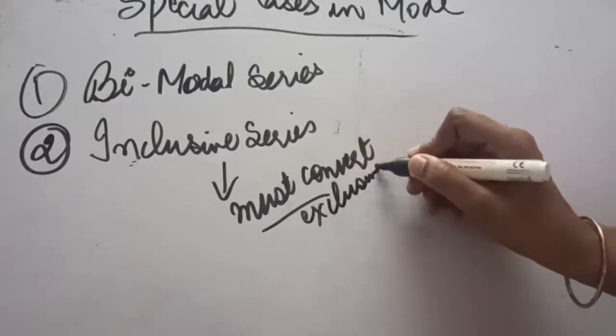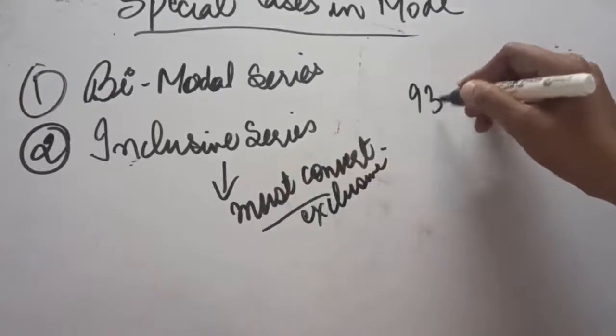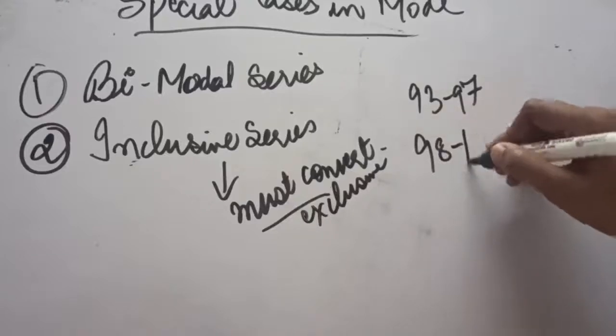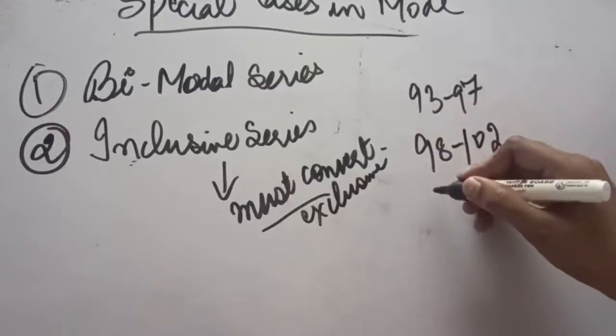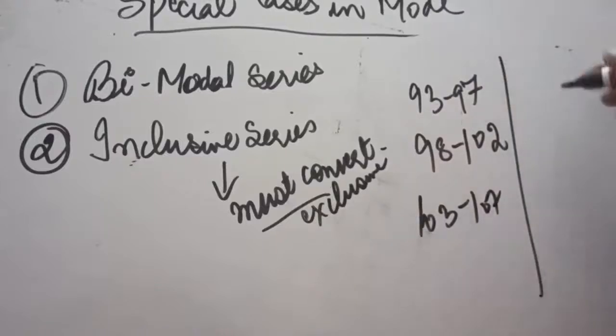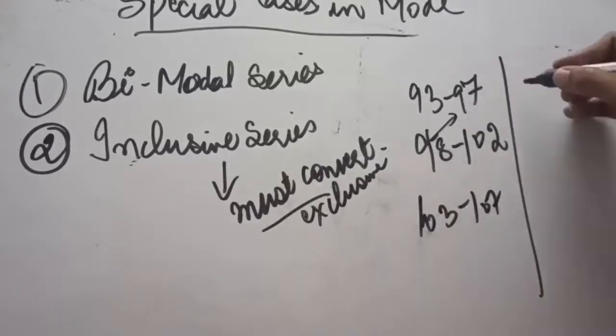So it is compulsory that if the series has been given in inclusive form, it has to be converted into an exclusive series. If I just tell you one example, if the class intervals have been given to you like this, 93 to 97, 98 to 102, then 103 to 107. So what we will do, we will convert by taking the difference between these two and dividing it by 2. So the difference is 1 divided by 2, that is 0.5.